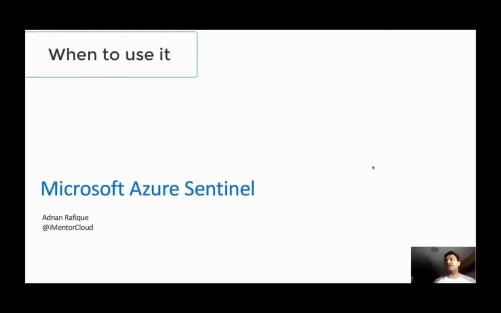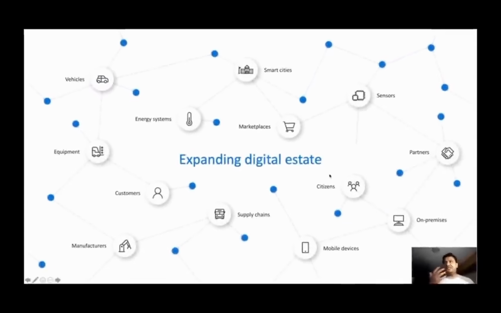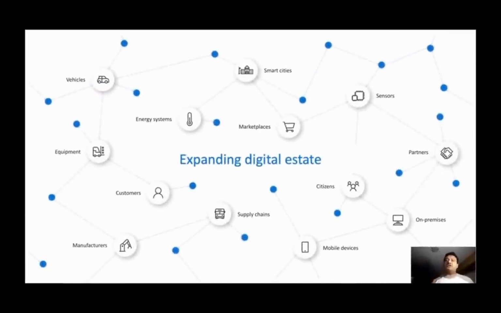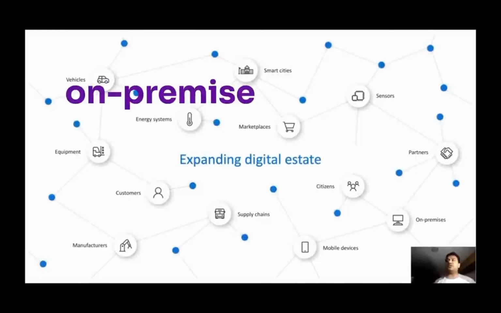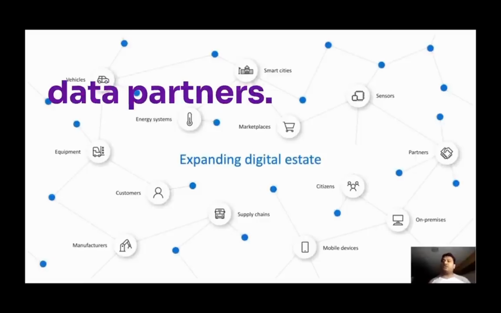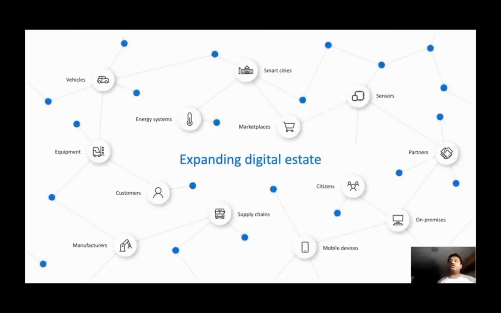So let's get started. If you look at the screen, these are your end users, the people on the road, mobile devices, on-premise data, partners. Because of the cloud, your firewall and your data center are not your protection layer, because today everyone is in the cloud.